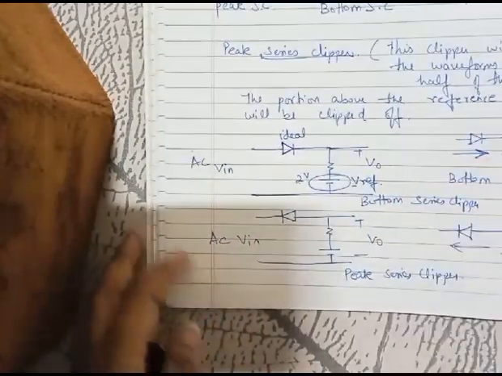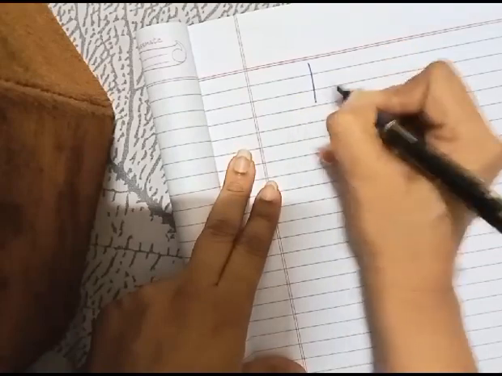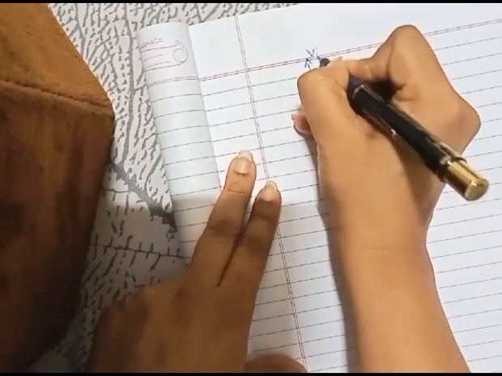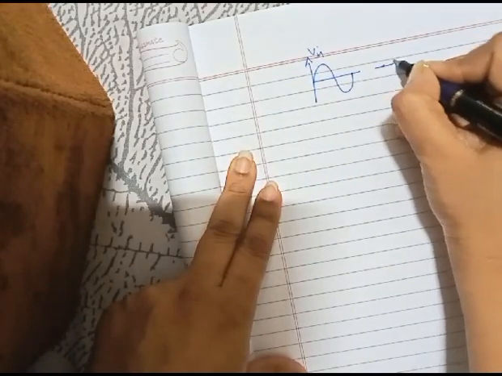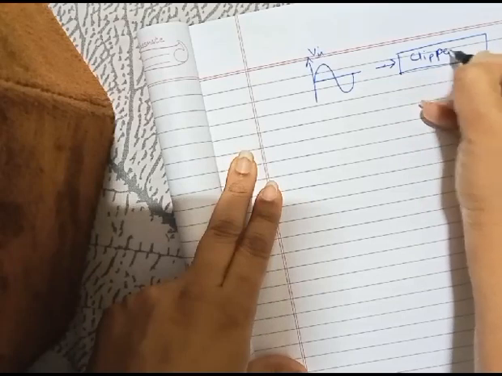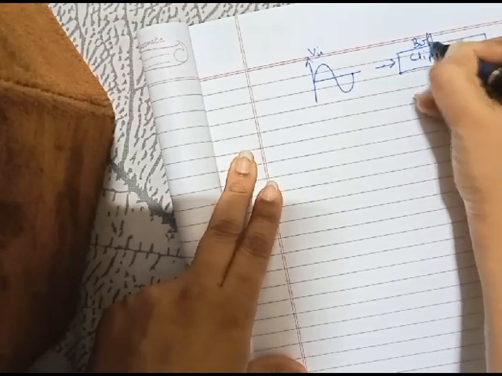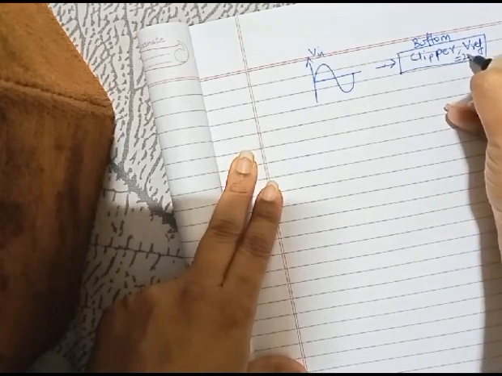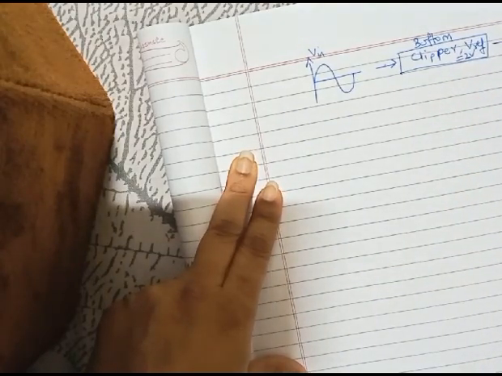For example, if this is our input waveform, and we pass it through a bottom clipper with V reference equal to 2 volt, then what could be the output?